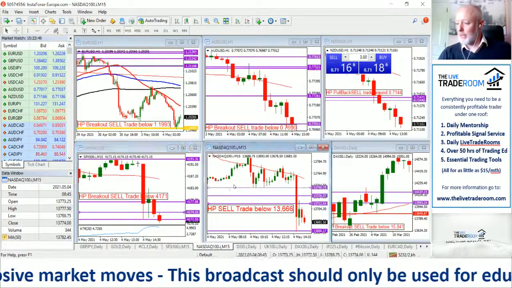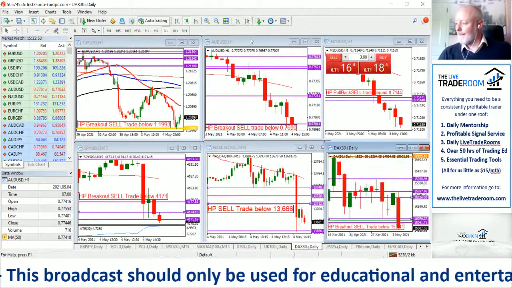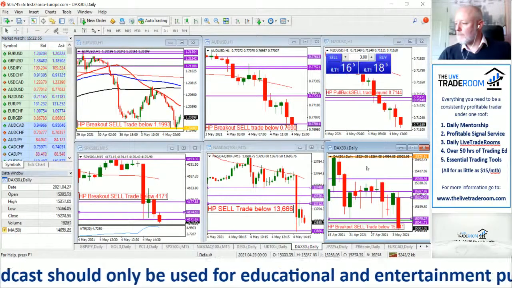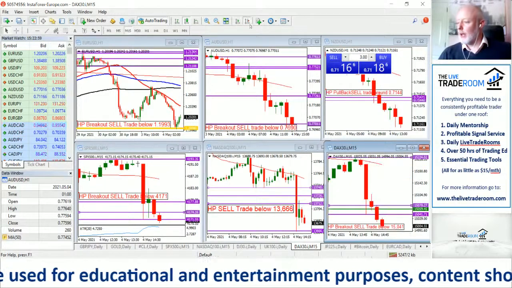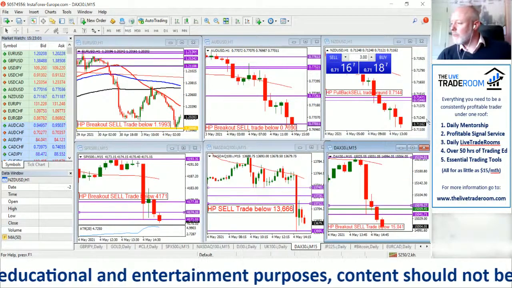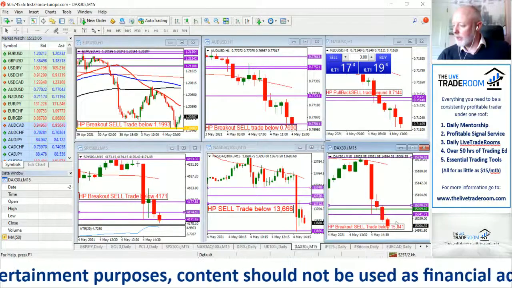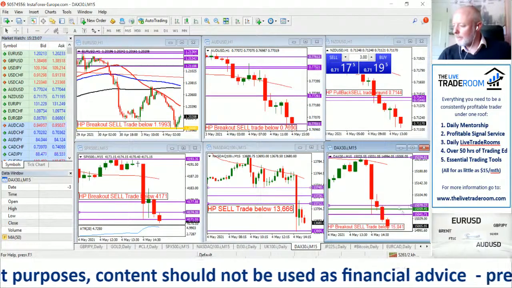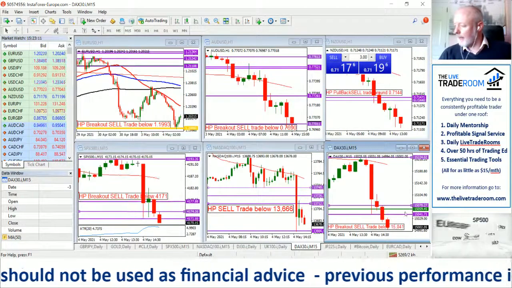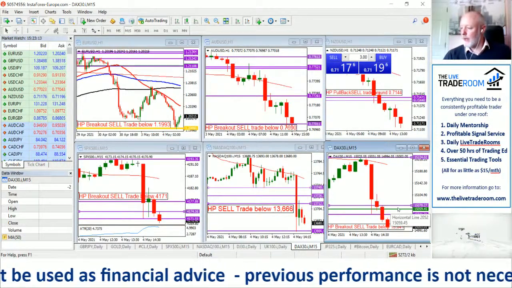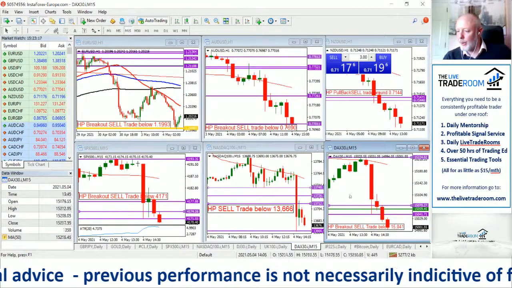And this is the problem you see when you get these little flush moves. So it might be a case of waiting for a constructed pullback, maybe back to the 15,050 level, something like that, and maybe look to sell it at that point.